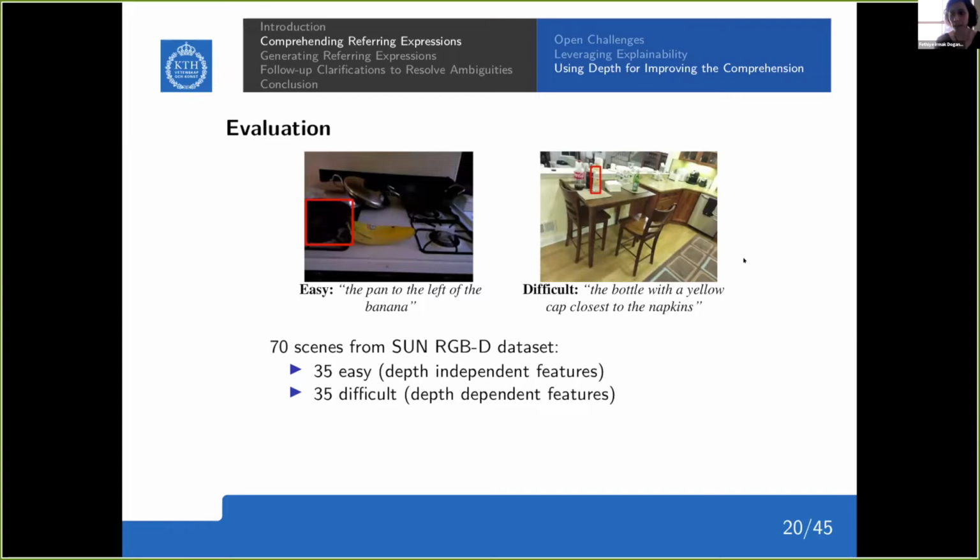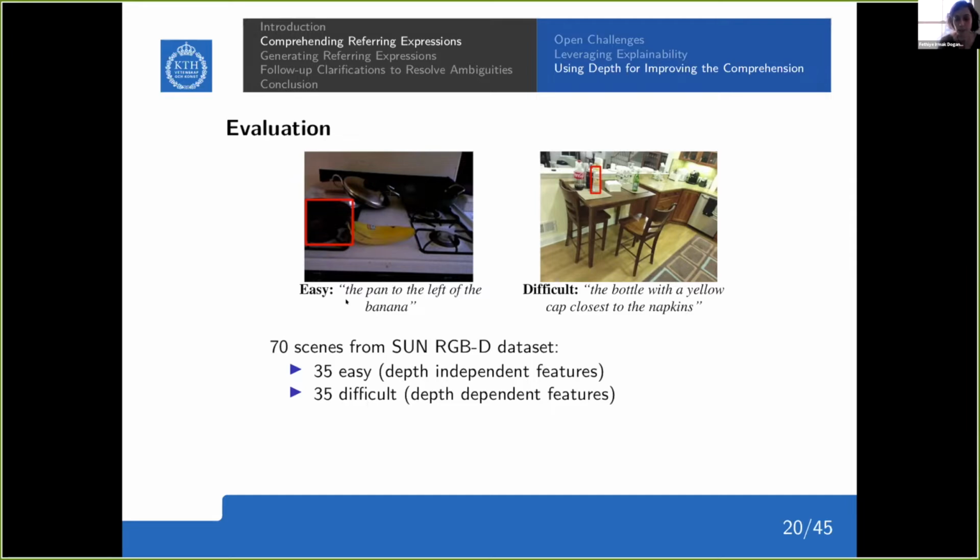So let's move on to evaluation, to see whether the depth improved the performance or not. To evaluate this, we collected 70 different scenes from the SunRGBD dataset, and we labeled half of this dataset as easy and the other half as difficult. What are the easy images?